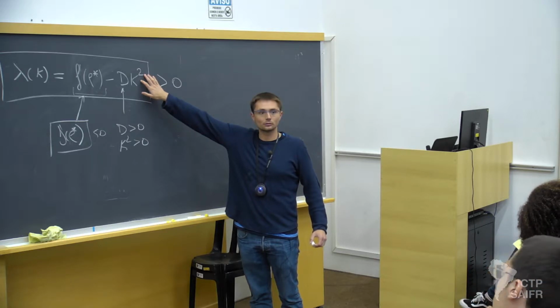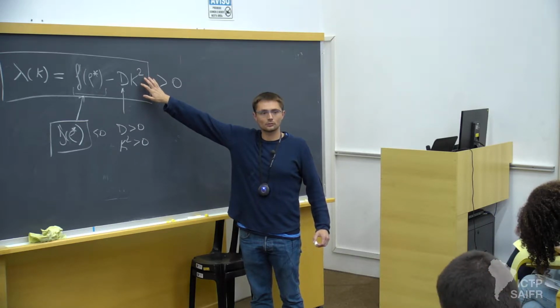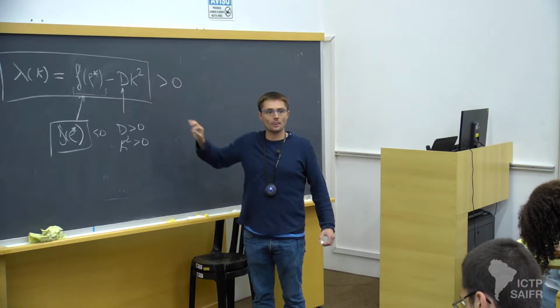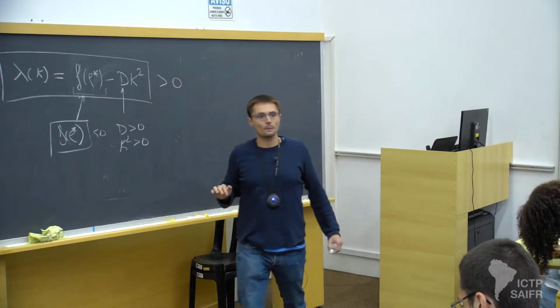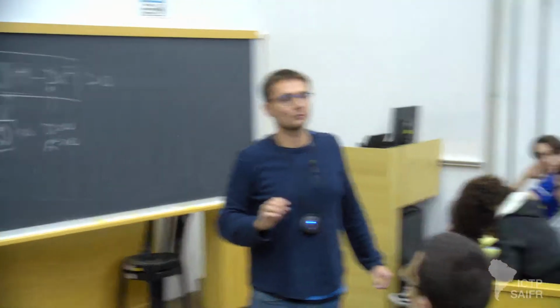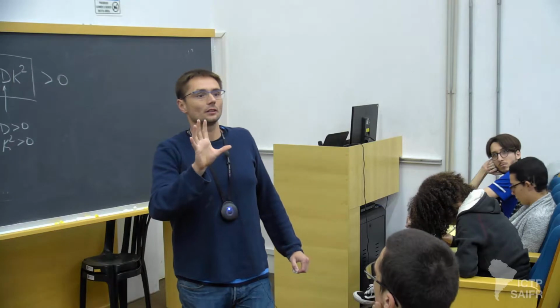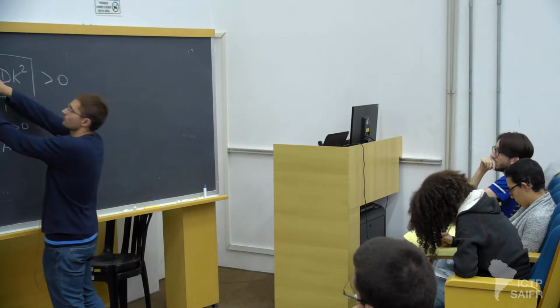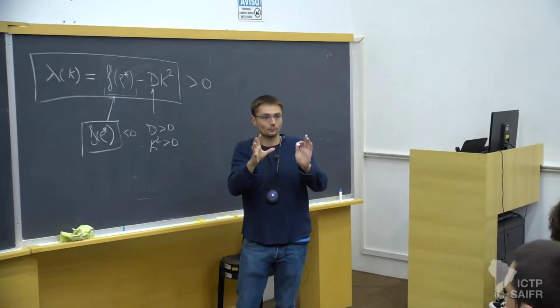So you have something minus b k squared. I can always choose a k that's bigger than f prime over d, so you will always have negative lambdas. So negative lambdas are stable.